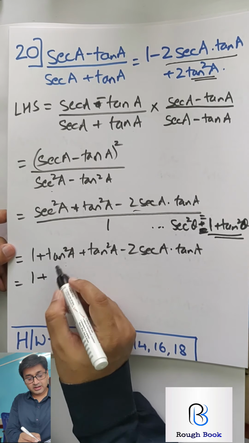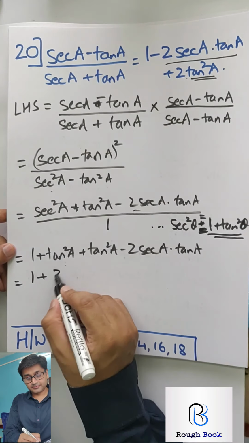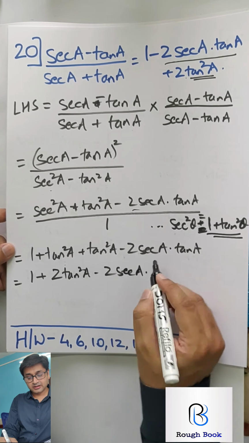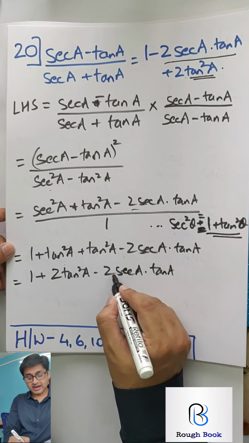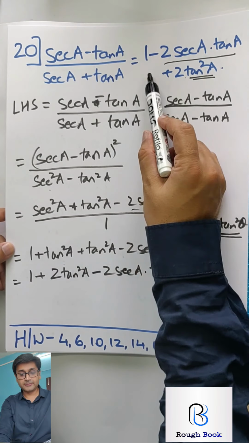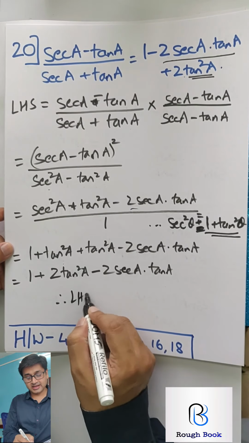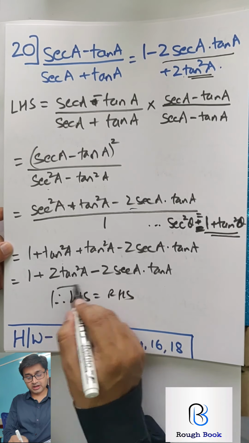So 1 plus 2 tan square A minus 2 sec A into tan A. Is that what we were looking out for? 1 plus 2 tan square A minus 2 sec A tan A. So therefore I can say LHS matches with RHS.